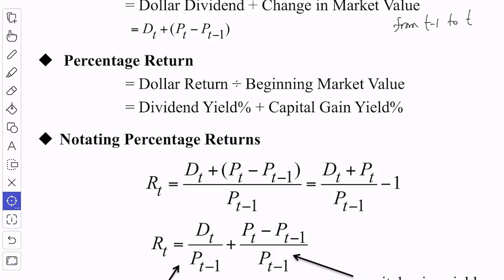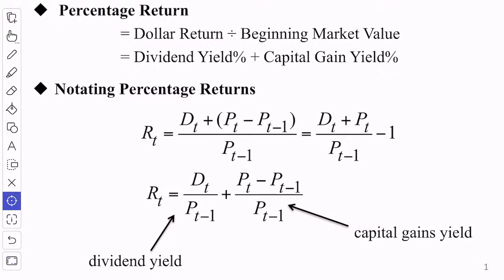We could write that differently. We could write it like this. But more commonly we write it like this, so we can express this quantity represents the dividend yield, and this is the capital gains yield.